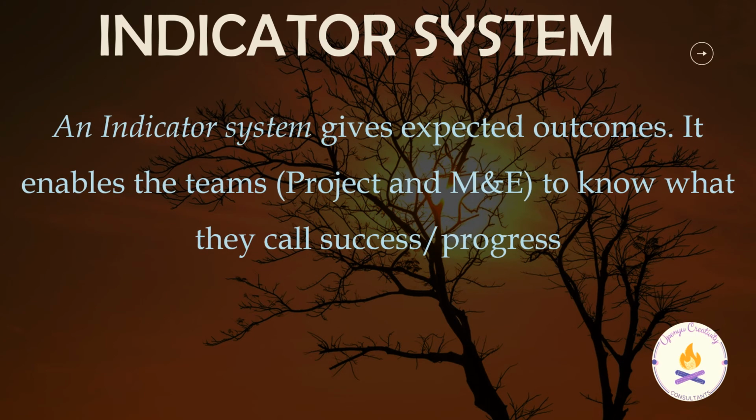So an indicator system gives expected outcomes. It's not giving you the actual outcomes, but the expected outcomes. And if they match, that is heaven on earth. If they don't, then of course that needs to be discussed. So it enables the project team, as well as the M&E team, to know what they call progress.